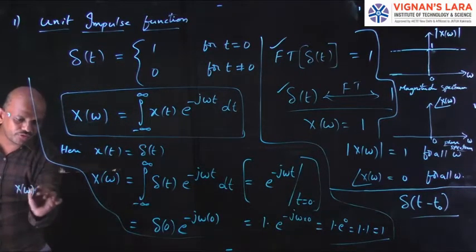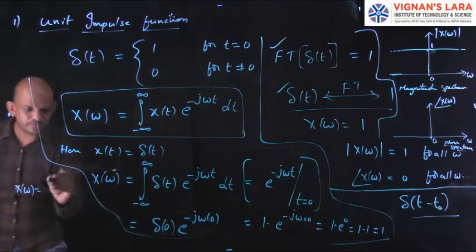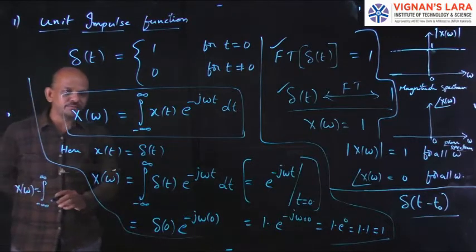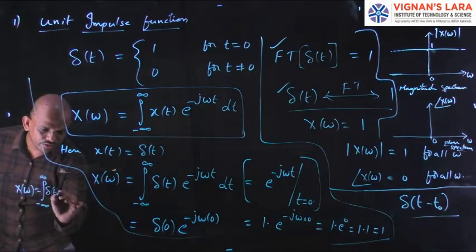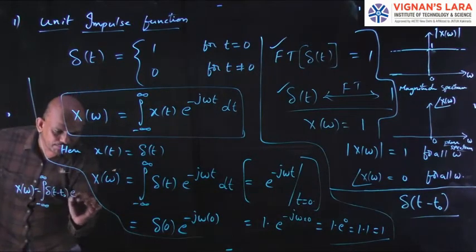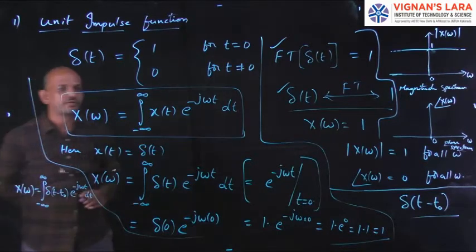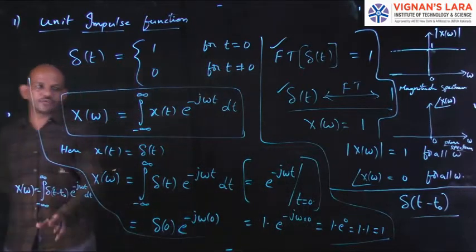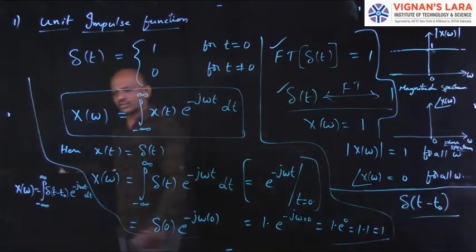X of omega will be equal to the integral from minus infinity to plus infinity of our signal x of t, equal to del of t minus t naught, into e power minus j omega t dt. So this is the formula for finding the Fourier transform of del of t minus t naught.